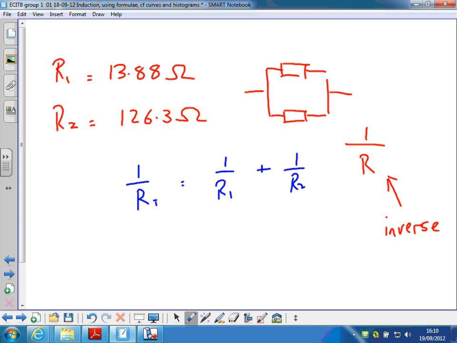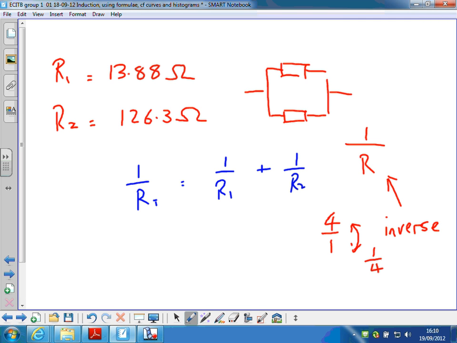Although it's not obvious, 4 is actually a fraction. It's 4 whole ones, so we could think of this as 4 over 1. If I want to invert 4 over 1, the inverse is 1 over 4. To find the inverse of something is literally to flip the fraction upside down.